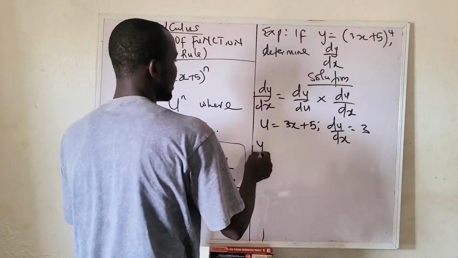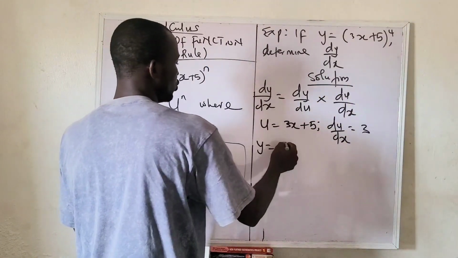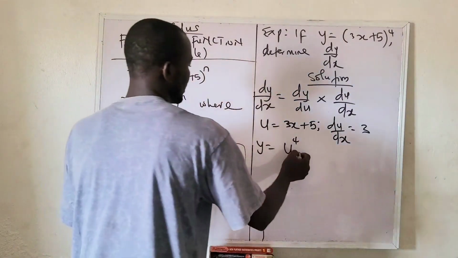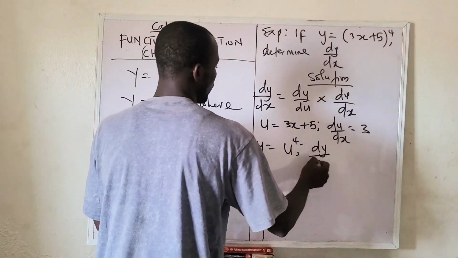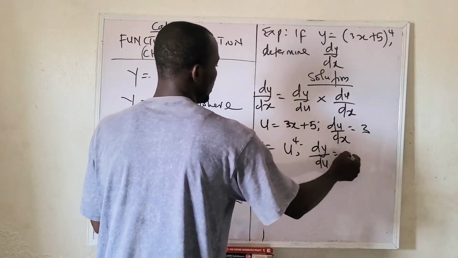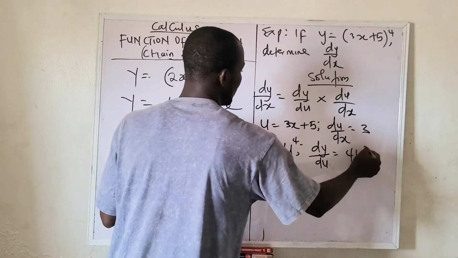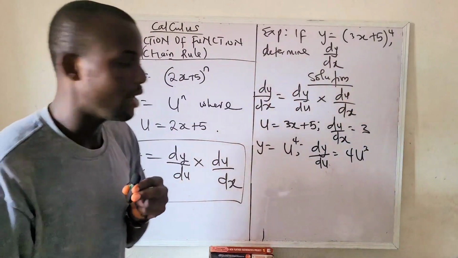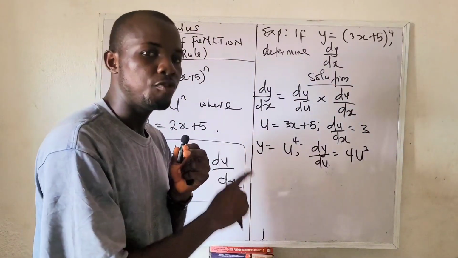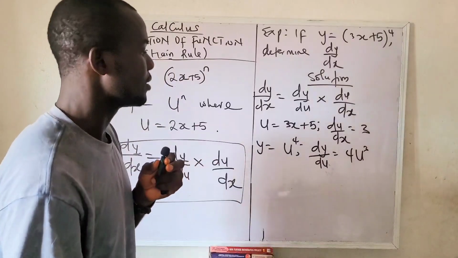And then our y here will be u raised to power 4. Our dy with respect to u will be 4u raised to power 3. Remember from power rule that we can get the derivative of u raised to power 4 as 4u raised to power 3.